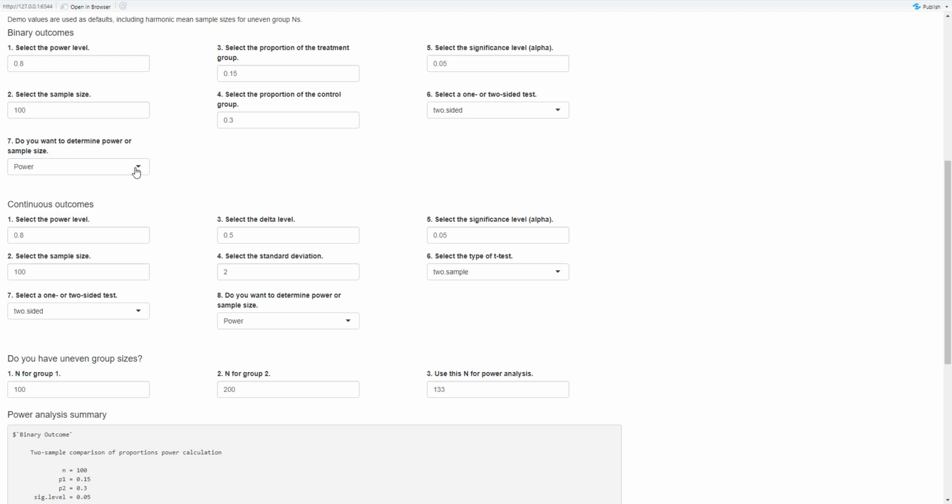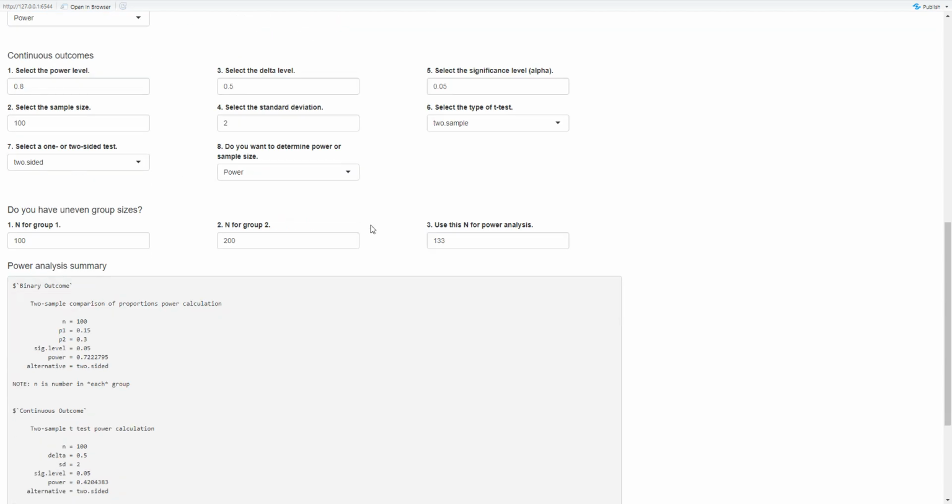because we want to determine power, we're going to leave that blank and scroll down, and we get that value of 0.72.